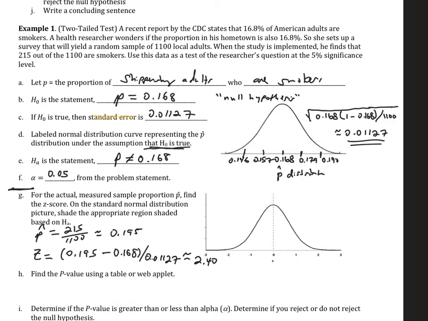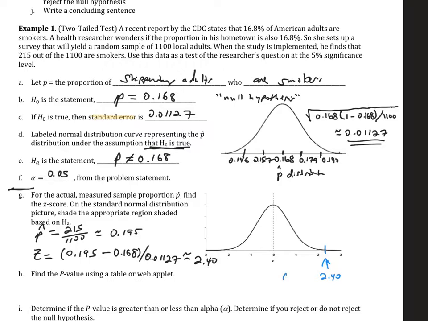On the z-score distribution, the blank picture I have here, 2.40 is about there. Well, that was drawn pretty badly, actually. About here. Anyway, you know what I'm talking about.